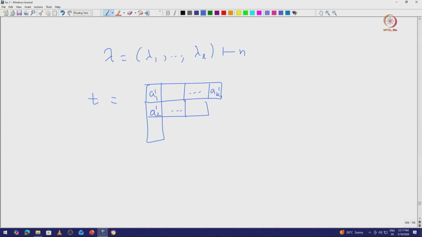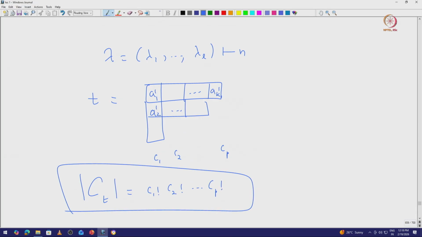Now if you look at this, let us say the column lengths are given by C1, C2, etcetera, CP. Then the cardinality of the stabilizer CT is going to be exactly equal to C1 factorial times C2 factorial etcetera CP factorial. So, this is the number of elements in the column stabilizer CT, and the corresponding group CT will be the product of the symmetric groups that permute these individual columns. Okay, that is easy to see.